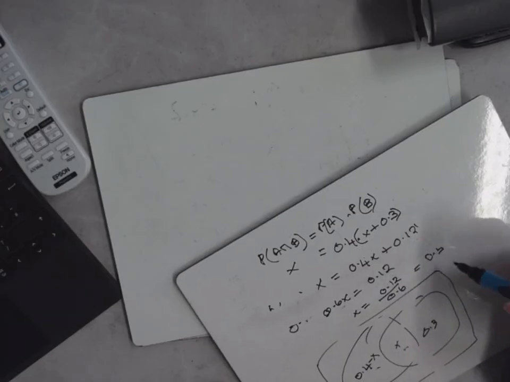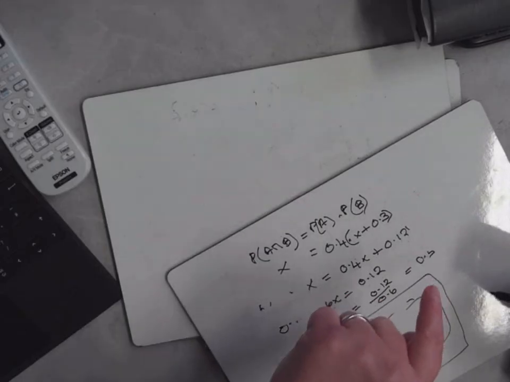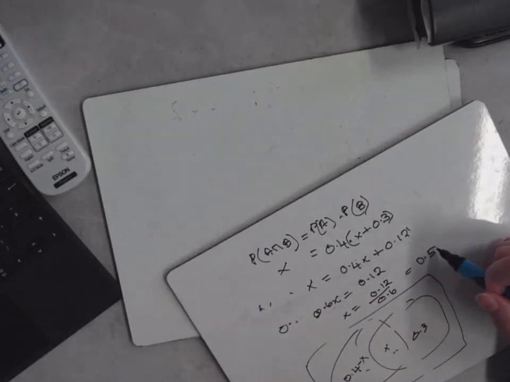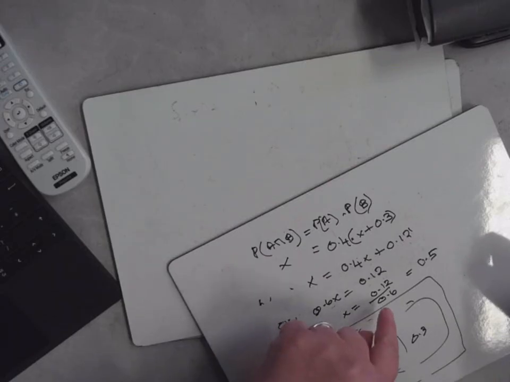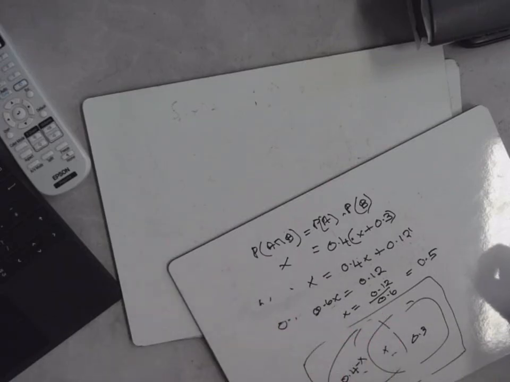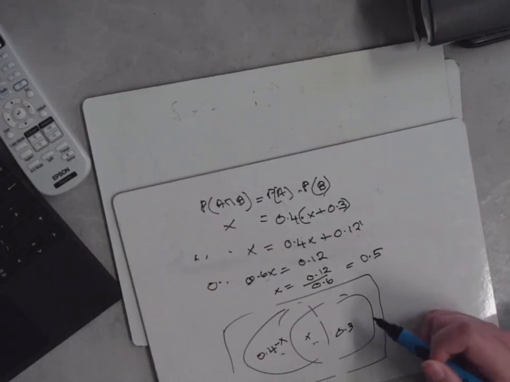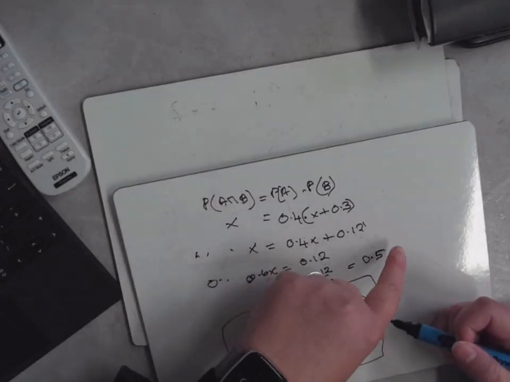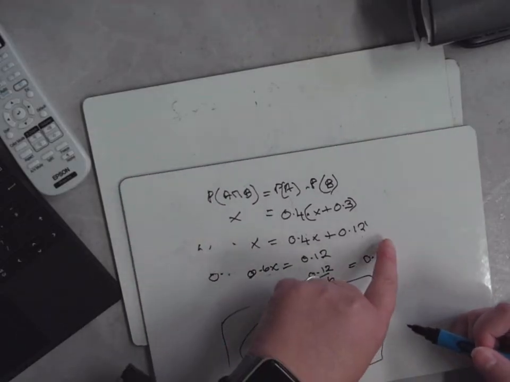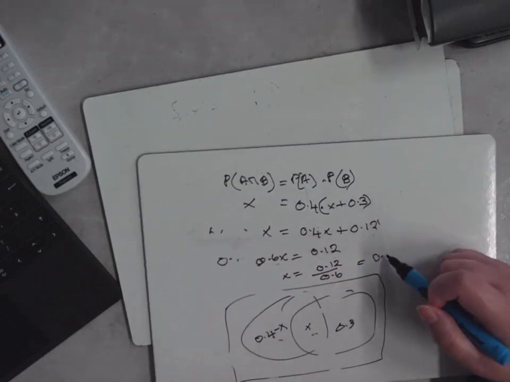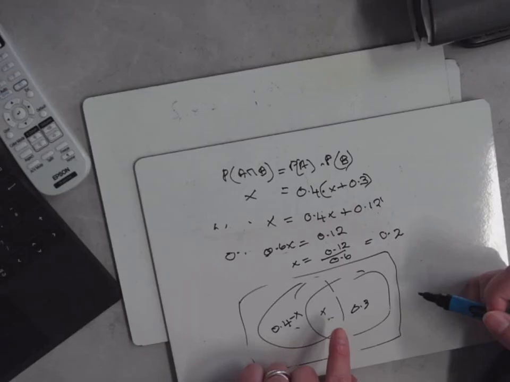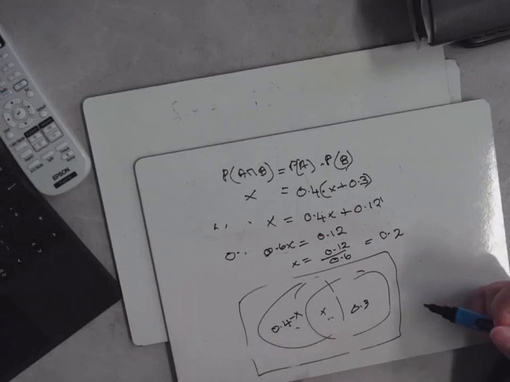0.5. No, what is it? Am I right when you divide 0.12 by 0.6 you get 0.5? No, it's not. It's 0.2.